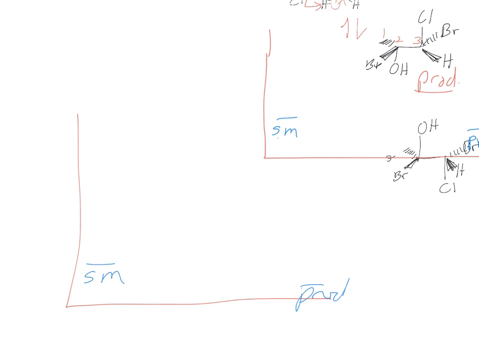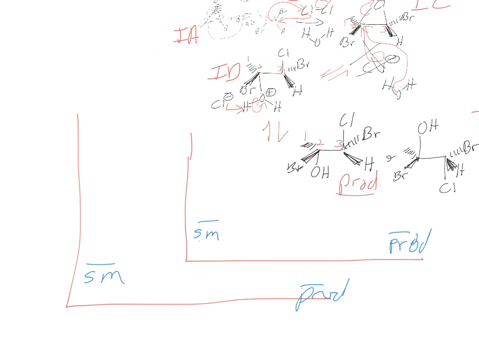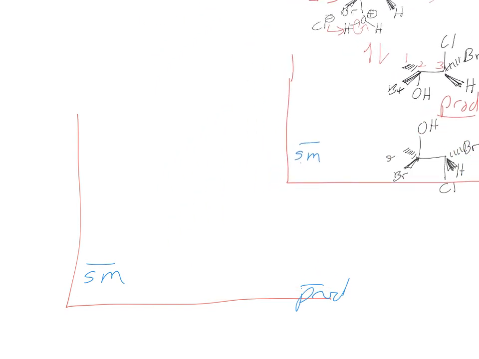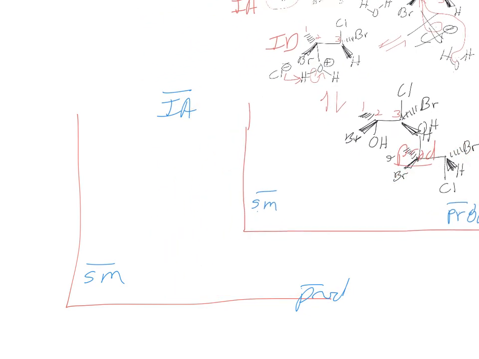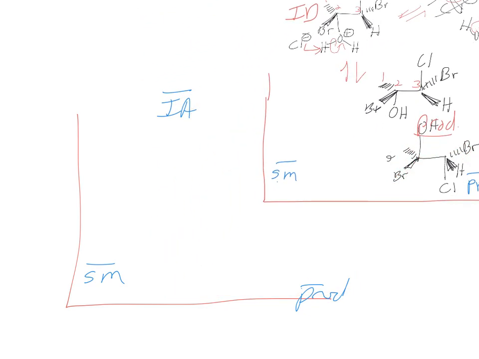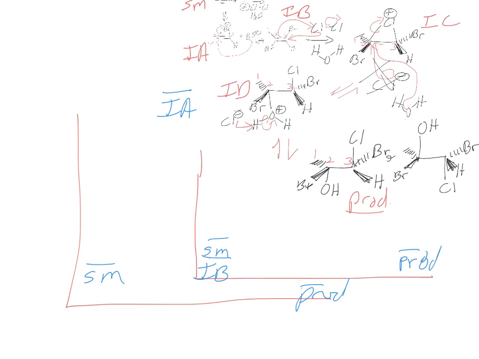Intermediate A, what the heck was intermediate A again? That was a bromonium ion with a plus charge. That's probably going to be pretty high in energy, right? 3-membered ring. So we'll put that IA there. Let's see what else do we have. IB was an alkene. That's probably pretty low in energy. Let's put that down here. IC was a Cl with a 3-membered ring.